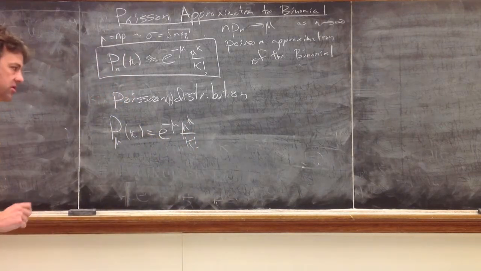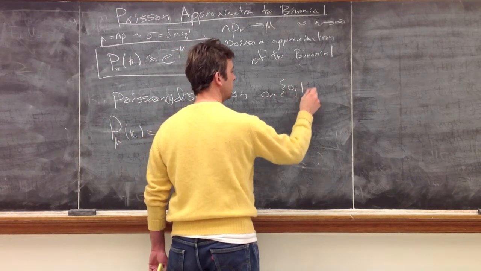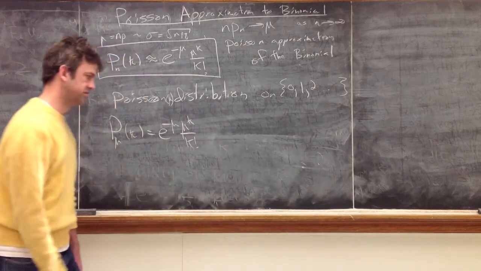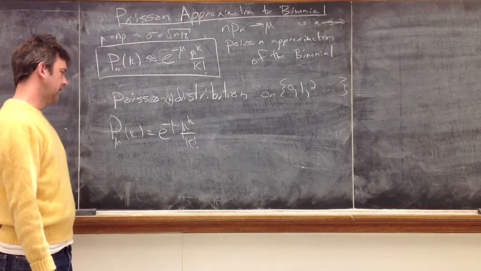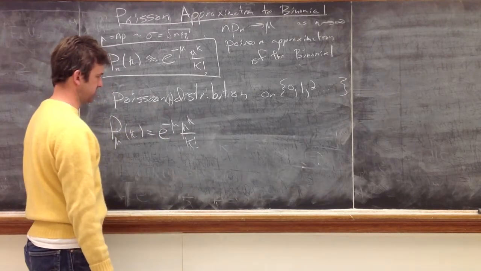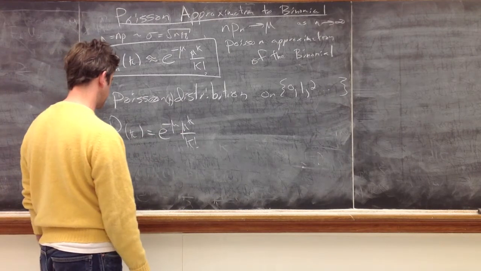And just to make sure, this is a distribution on, we have to say it's on 0, 1, 2, to get its range all the way out, so all the non-negative integers including 0. So we just want to make sure this number, well, it seems to be a good distribution on those numbers. It's positive, and the only thing left to check is does it sum to 1?